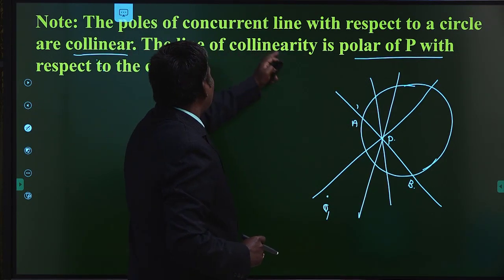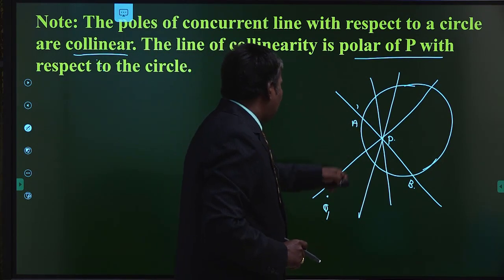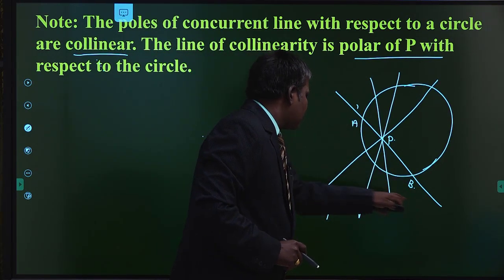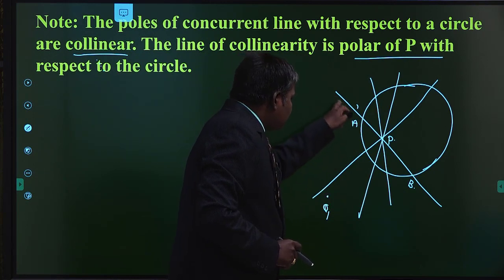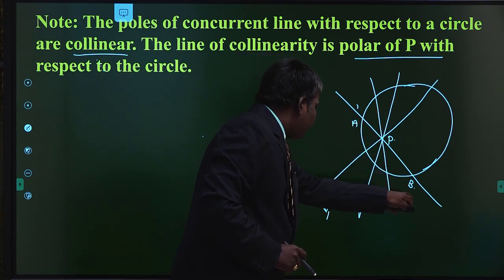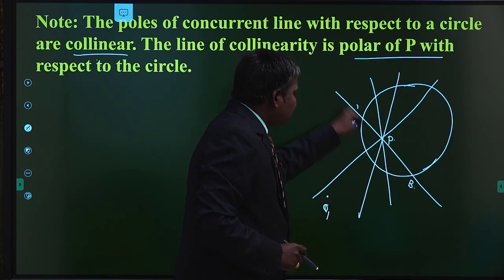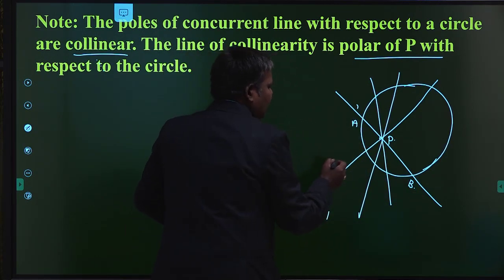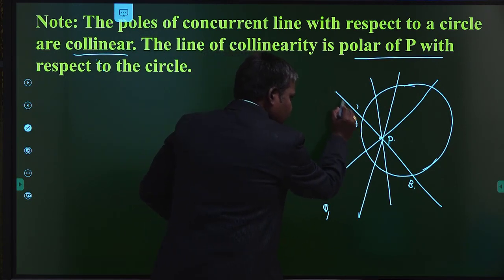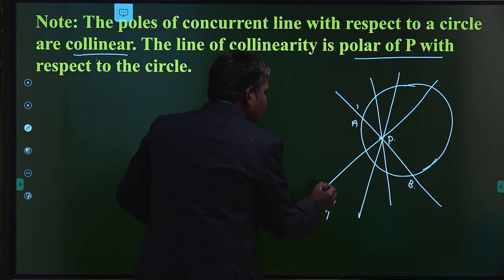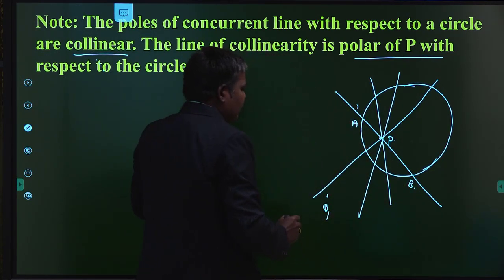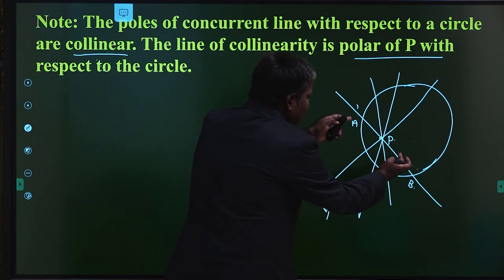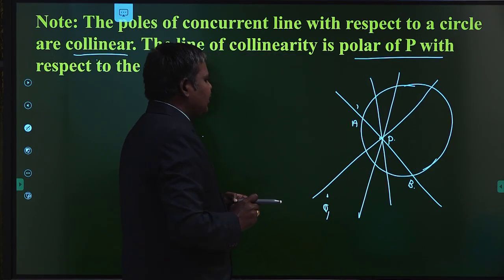Now this is the pole of this line, that means the polar of Q1 is nothing but AB. Q1 is the pole of line AB, then immediately AB is the polar of that point Q1.